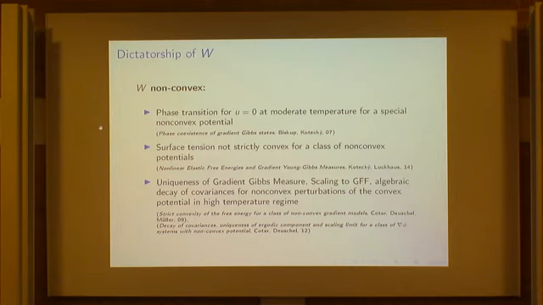And then I want to mention these two papers by Cotar, Deuschel and Müller, and the second one without Stefan Müller, where they show uniqueness of Gibbs measure, scaling to Gaussian free field, and algebraic decay of covariances, just as in the case of convex potential, but now for non-convex perturbations of the convex potential and in the high temperature regime.